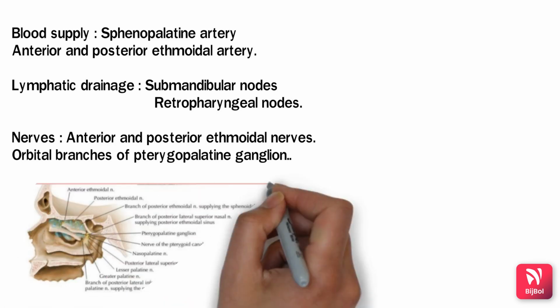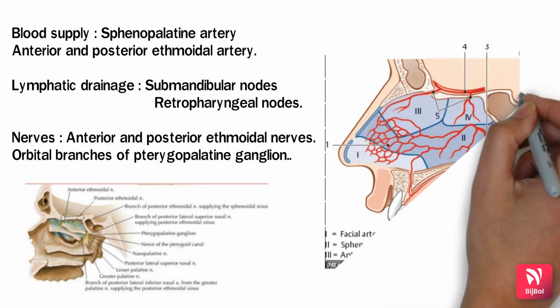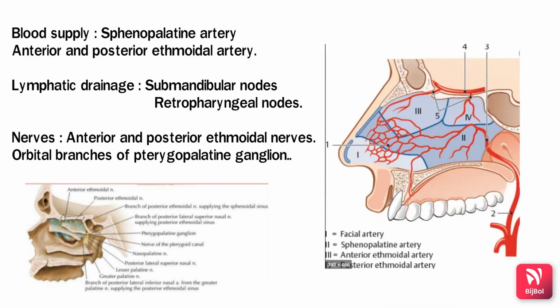In this diagram, you can see the nerve supply, that is the anterior and posterior ethmoidal nerves and other branches of the pterygopalatine ganglion. The arrow indicates the anterior ethmoidal nerve and posterior ethmoidal nerve, below which is the branch of the posterior ethmoidal nerve supplied to the sphenoidal sinus. In this diagram, you can see the arterial supply.